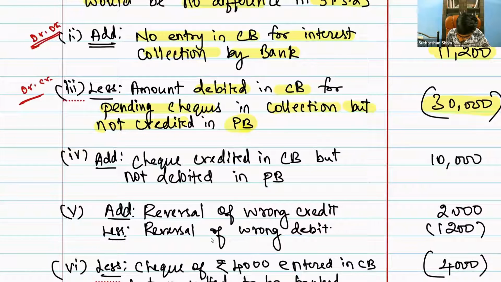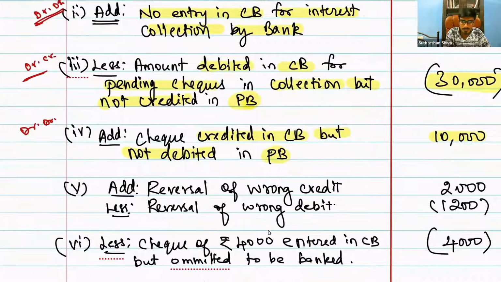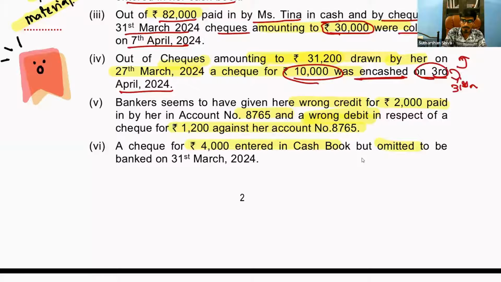Check credited in cash book, but not debited in passbook. So it will be 10,000. For this fourth one, we need to prepare the 10,000.